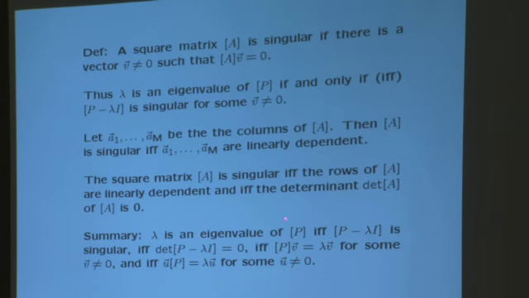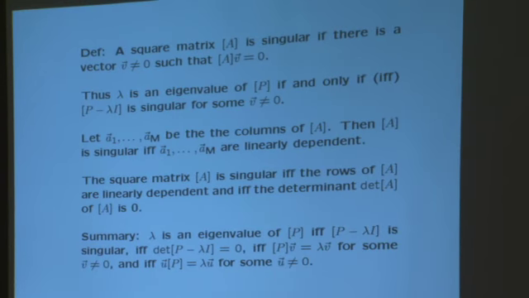So the summary of all of this, for a matrix which is a transition matrix, namely a stochastic matrix, is lambda is an eigenvalue of P if and only if P minus lambda I is singular, if and only if the determinant of P minus lambda I is equal to 0, if and only if P times some vector V equals lambda V, and if and only if U times P equals lambda U for some U.